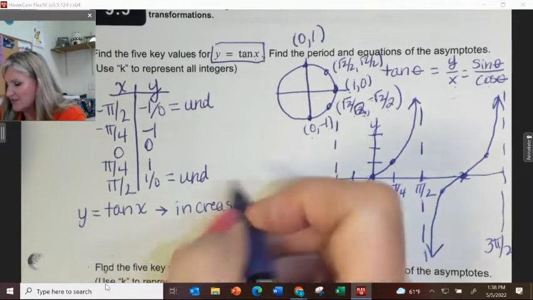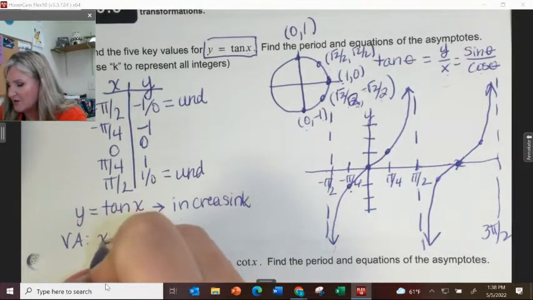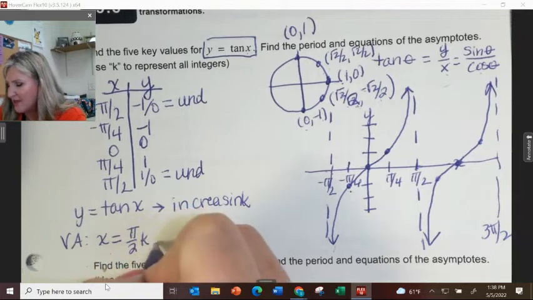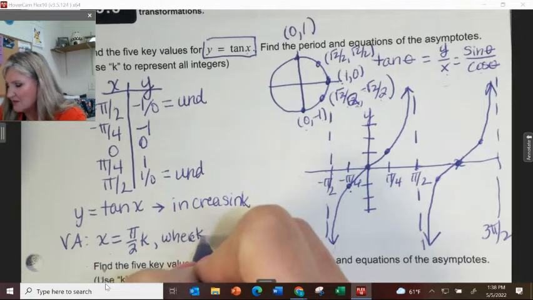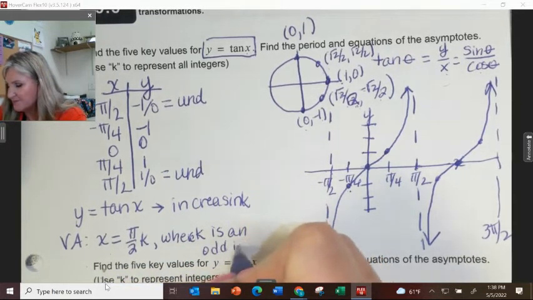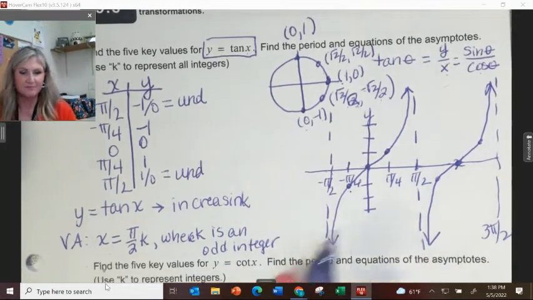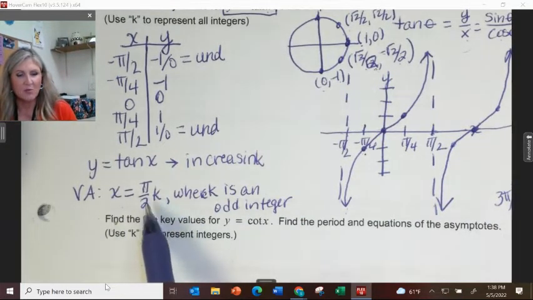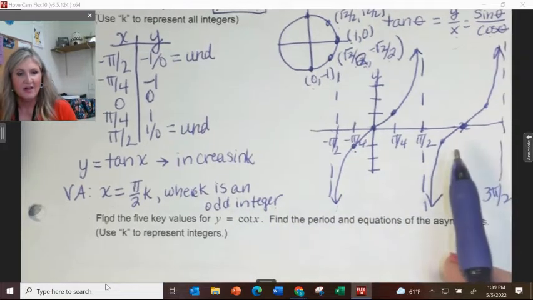And we also need to know that the vertical asymptotes are going to occur at x equals pi/2 k, where k is an odd integer. All right, let's talk about why I said that.